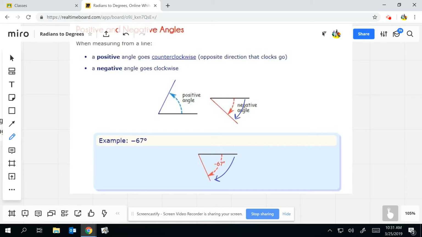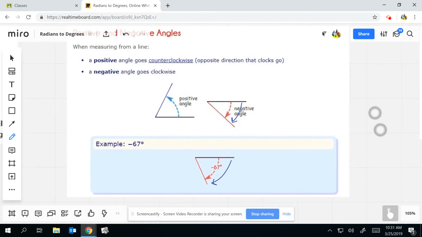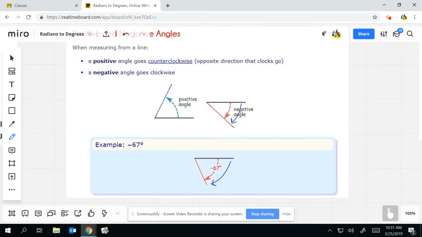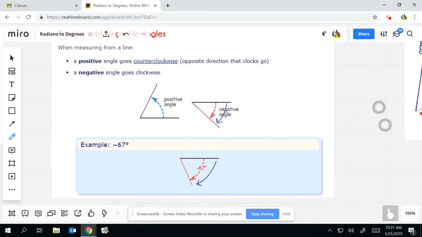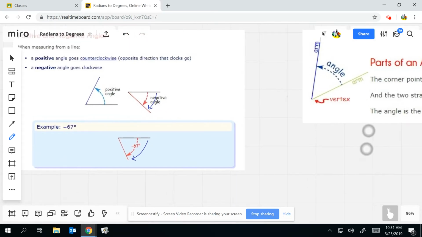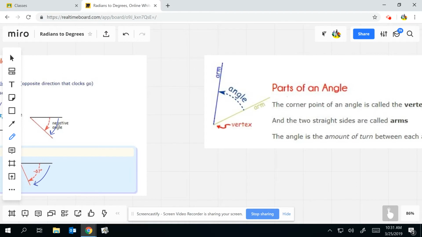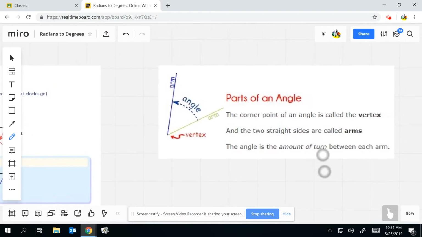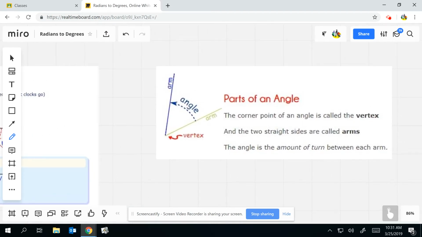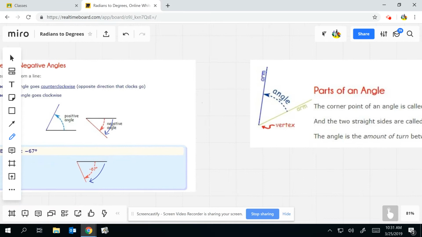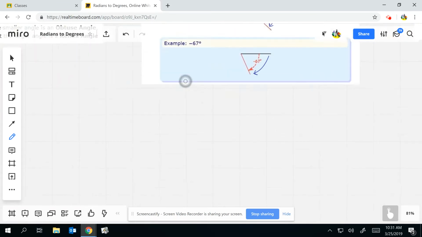You could go negative 360 if you went all the way around, starting downward. Negatives go down, positives go up. Counterclockwise positive, clockwise negative. So that's important to note. You can have negative angles. Those are just parts of an angle, so you can see the arms of the angle. The vertex is always the part where the 2 arms come together, and then you've got your angle part of it. All right, let's go to the trifold.